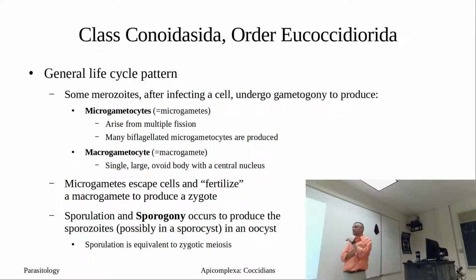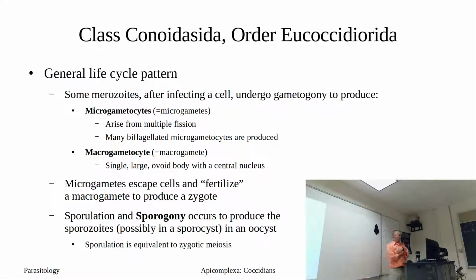Now, most of our merozoites end up being these microgametocytes, transforming to the microgametocytes, undergo multiple fission and produce these microgametes. The rest, after the merozoite infects the cell, will transform to a macrogametocyte.